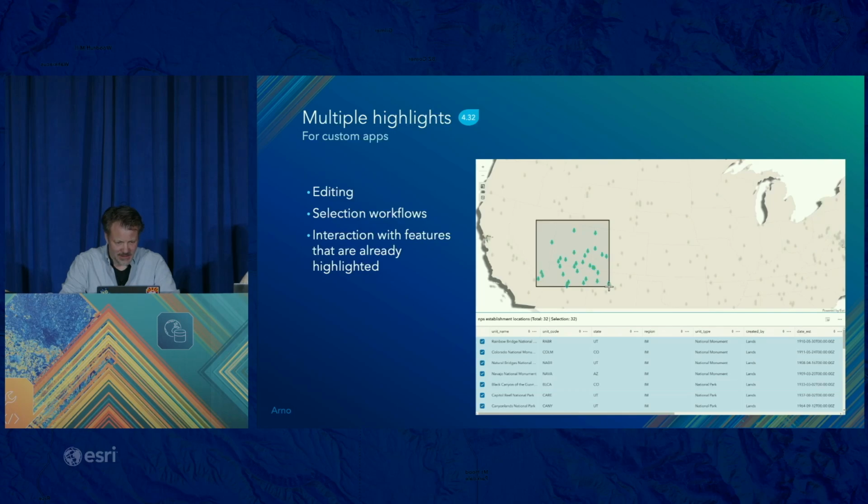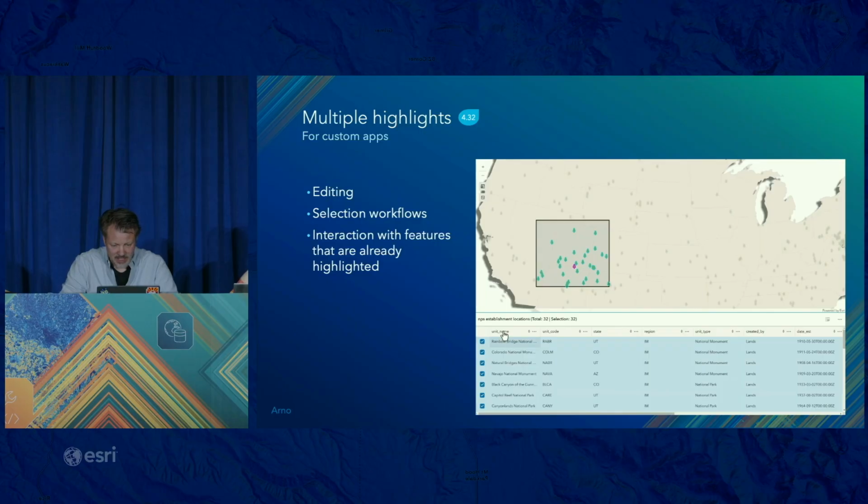Multiple highlights. I think this is something we've heard for quite a while: to be able to assign different highlight colors at the same time. You've always been able to set different highlight colors just to make it fit the style or visualization that you have on your map, on your scene.